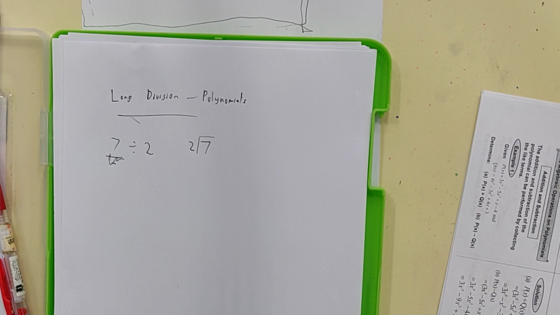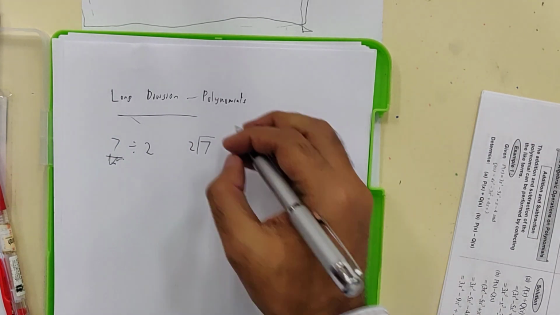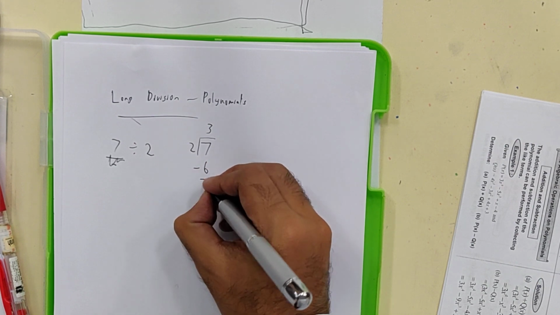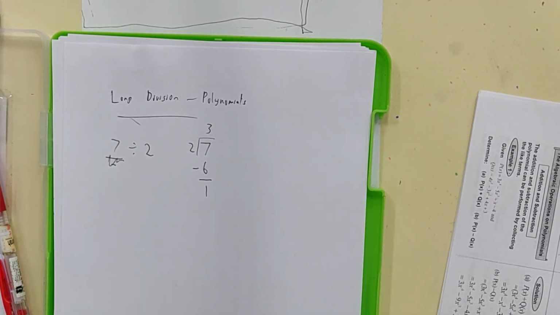So how do you proceed now? 3, 6. Enough, I mean, you can go fractions, but we are fine with that. So now how do you write down your answers?